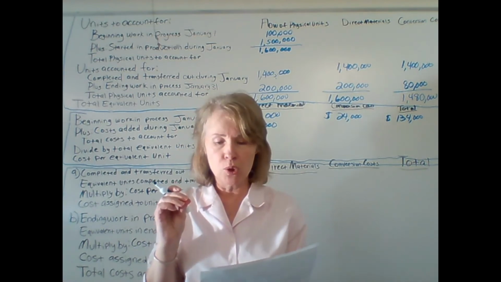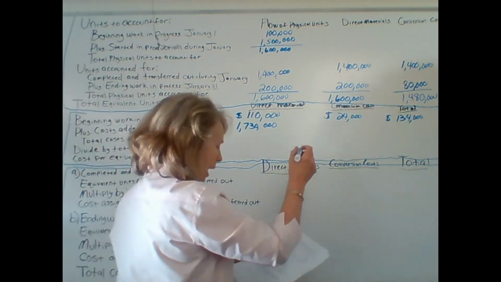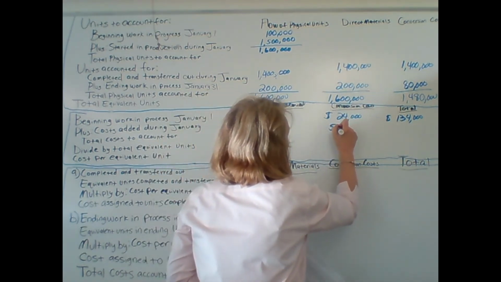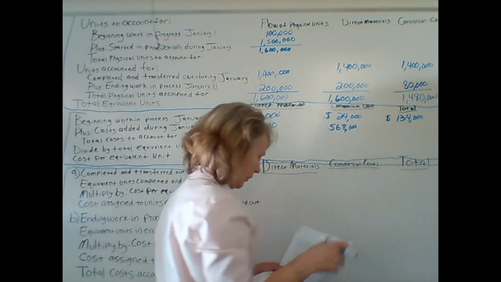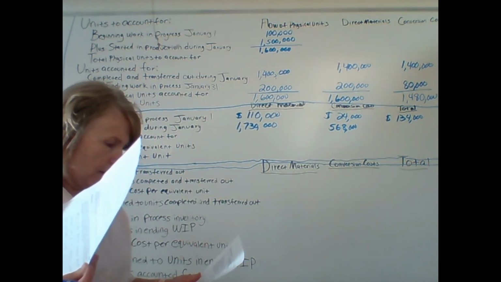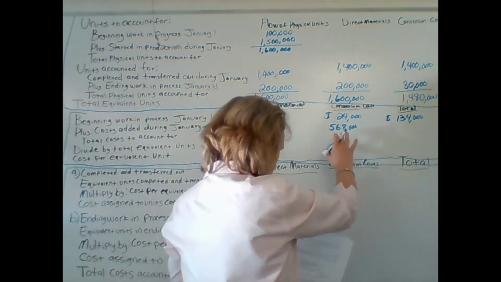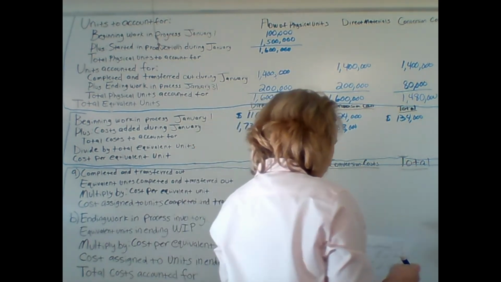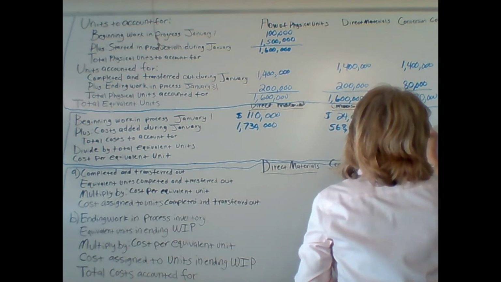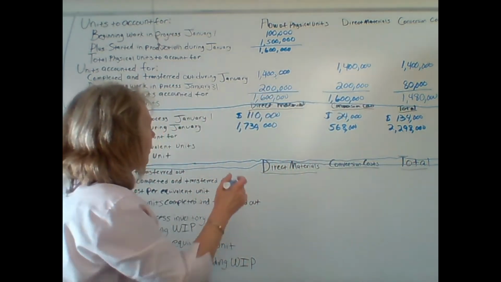So I will add those two together, 10,000 plus 558,000, and that gives me 568,000. Okay, so 568. Then I add these two together, 1,730,000 plus 568,000 gives me 2,298,000. Okay?